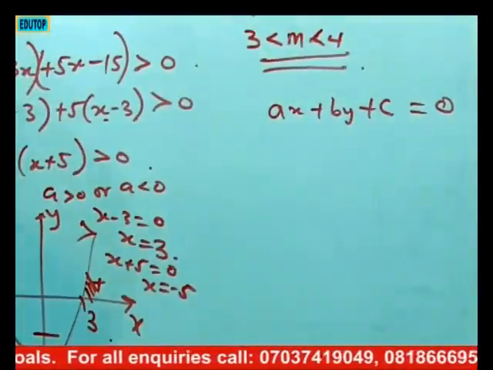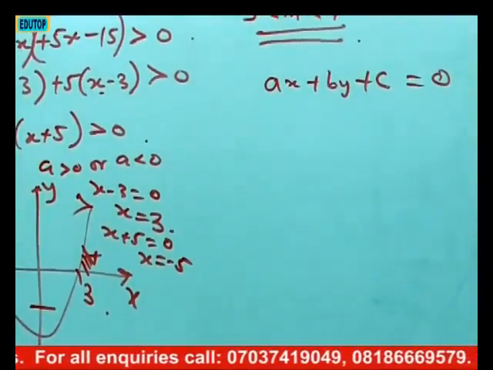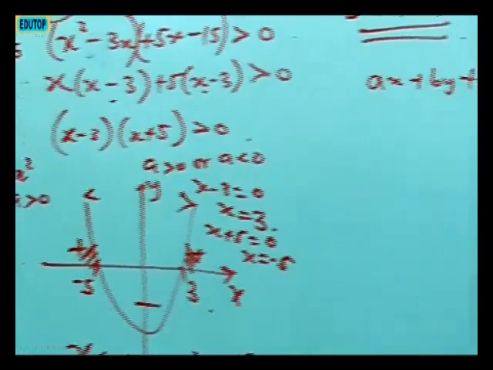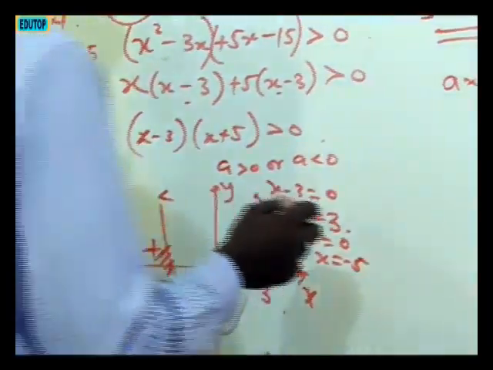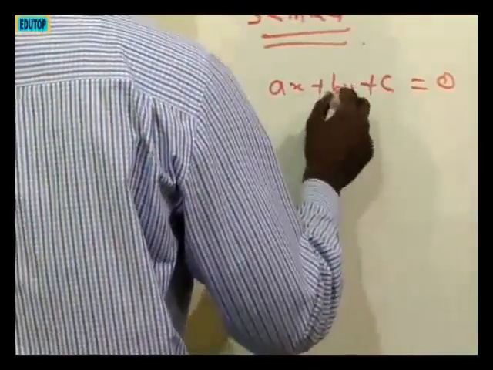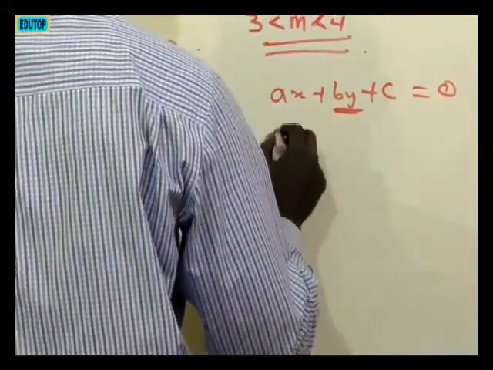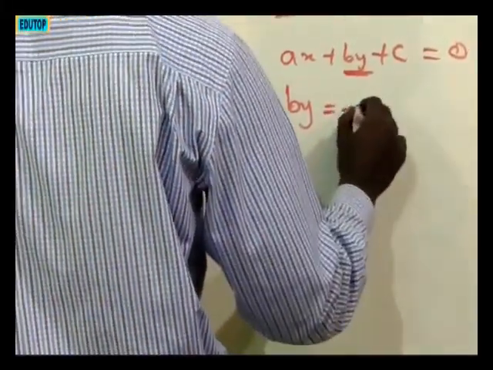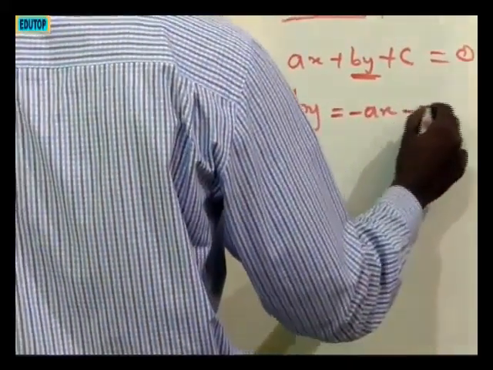Take note of that. Then the question asks, the shaded region above is represented by what? So in this situation, we make this the subject of the formula, whereby we have by to be equals to minus ax minus c.